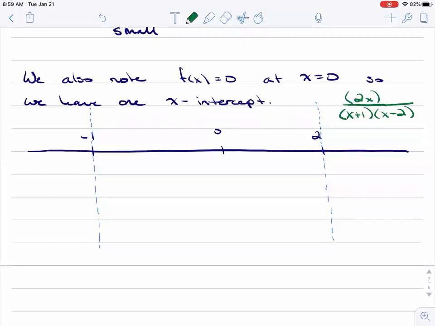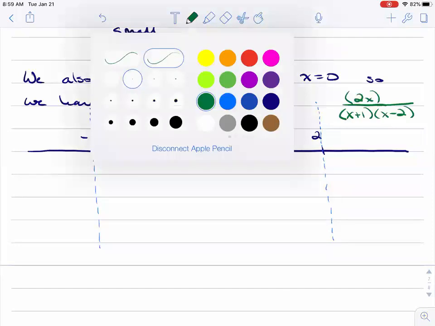And just in general, if x is less than -1, then 2x is going to be negative, and then x plus 1 is going to be negative, and x minus 2 is also going to be negative. So I've got a negative over a negative times a negative, which is going to give me a negative value. And that's what tells me that this limit is going to be negative infinity.